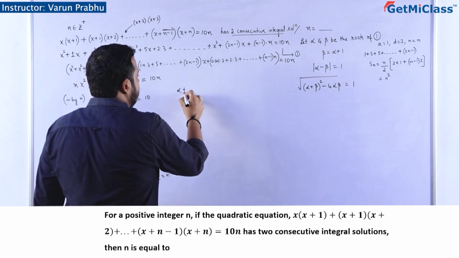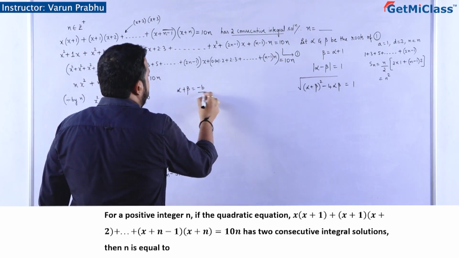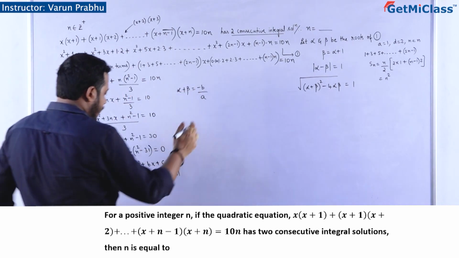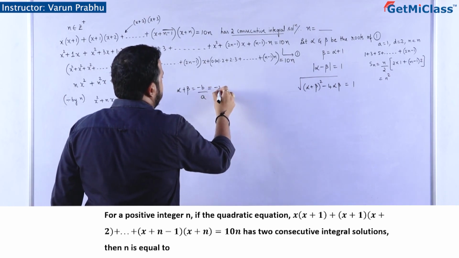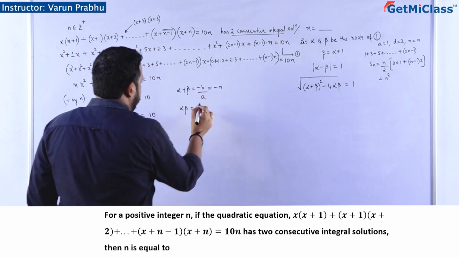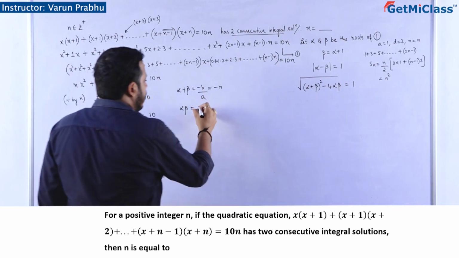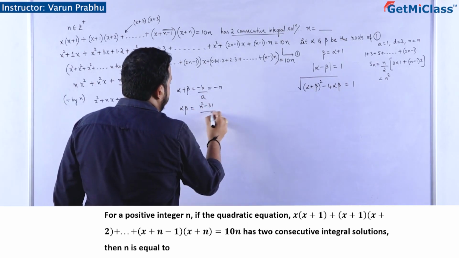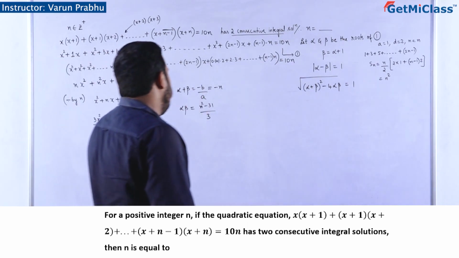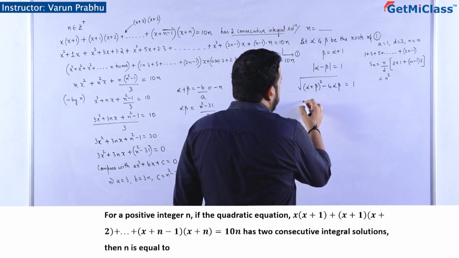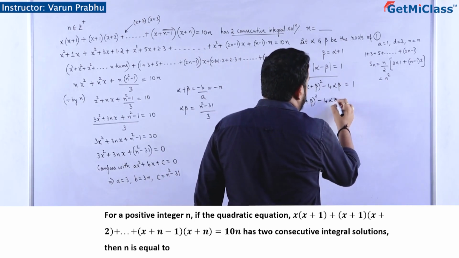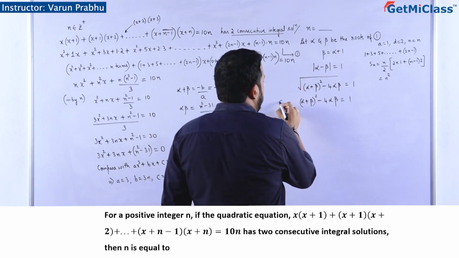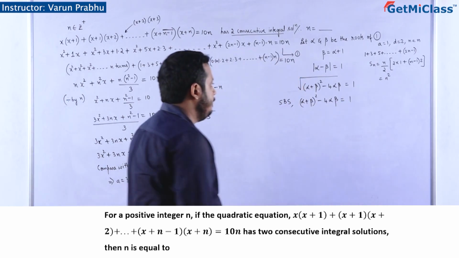Alpha plus beta is equal to minus b by a, that is equal to minus n. Alpha into beta is equal to c by a, that is n square minus 31 divided by 3. Is it right? So I can say alpha plus beta the whole square minus 4 alpha beta is equal to 1 only after squaring on both sides.